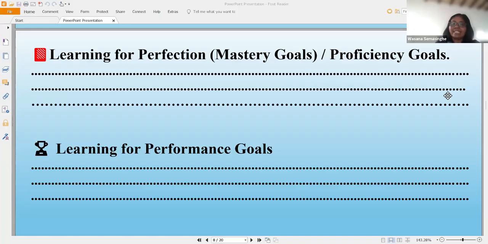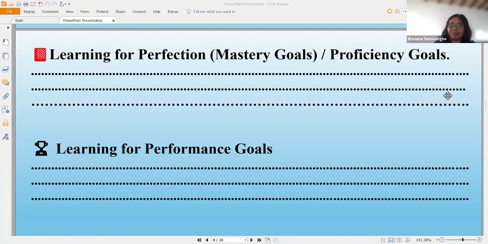The second is learning for performance. Here, what is the main focus of the learner? It is to demonstrate ability or achieve better results than others. Success is measured through grades, rankings, awards, or recognition.